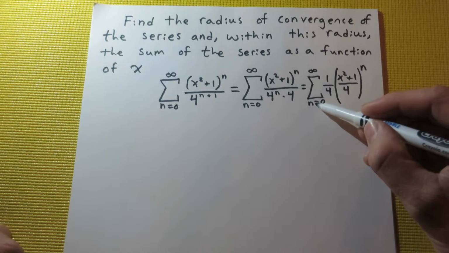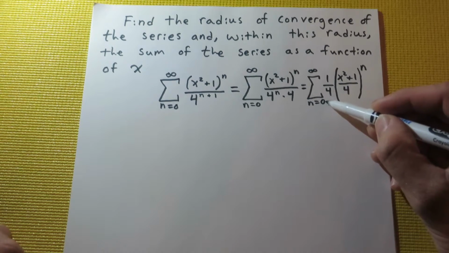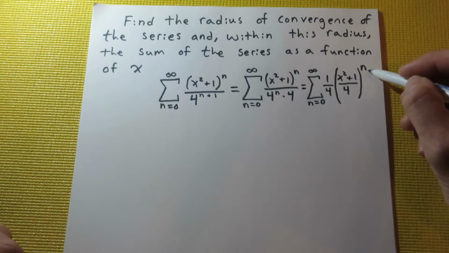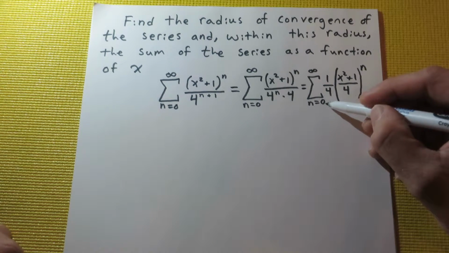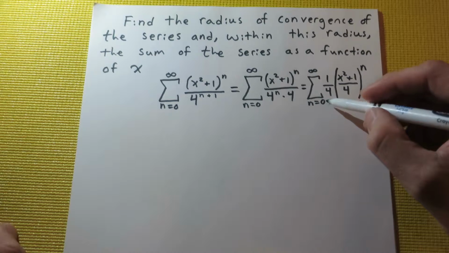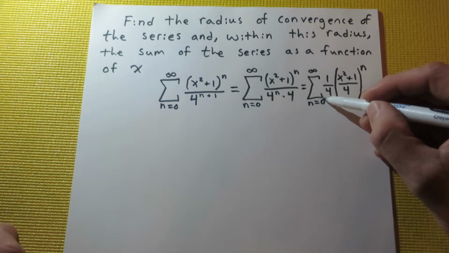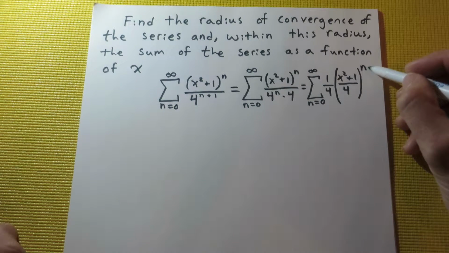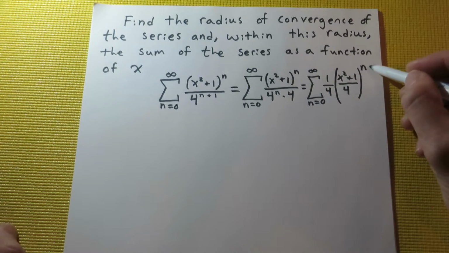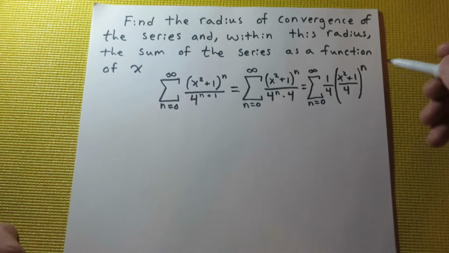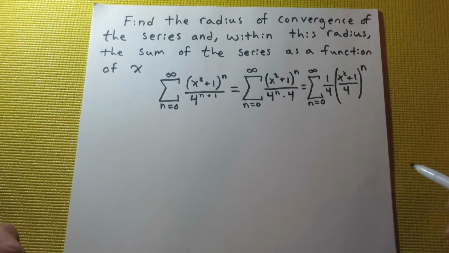If n were starting at 1, we would need an n minus 1. So it's lucky that this problem starts at 0, and we don't have to do any further algebraic manipulation like we might see in other problems.